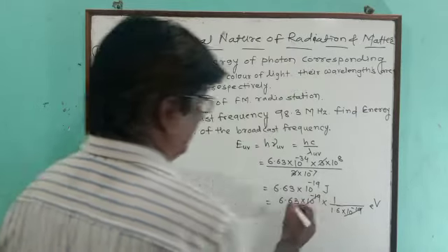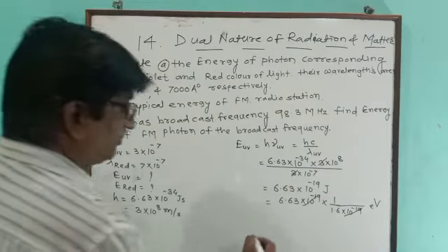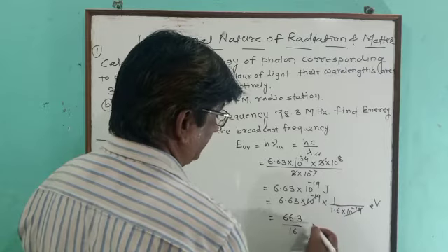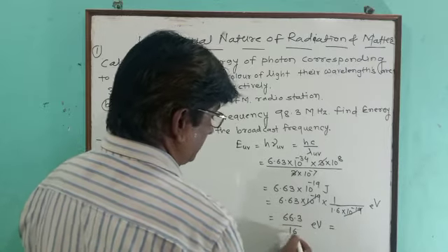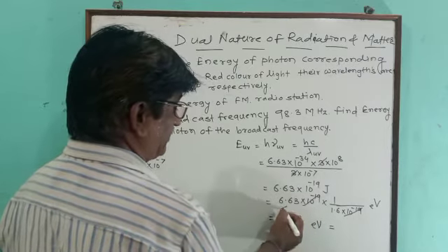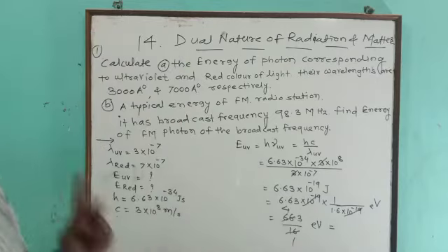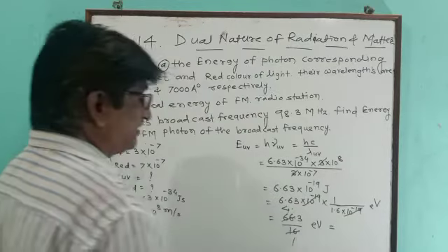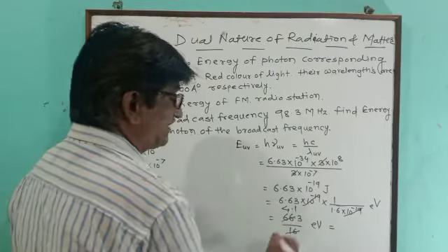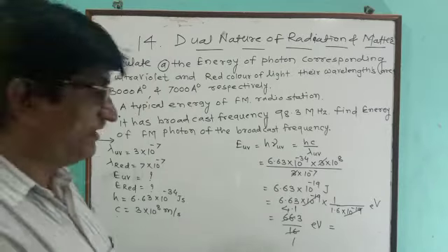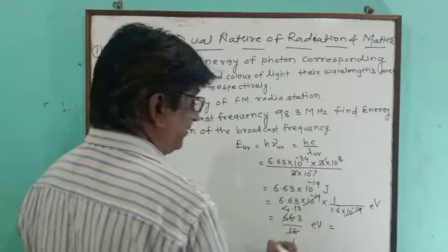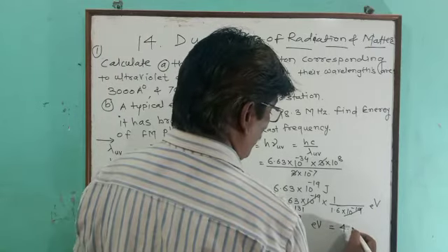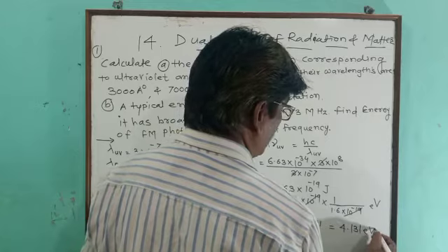The 10 raised to minus 19 terms get cancelled. So we can write 66.3 upon 16 electron volt. 16 fours are 64, 2 remaining, that is 23. 16 ones are 16, 5 remaining, 50 is there, 16 threes are 48, 2 remaining, and then 16 ones, that is 4.131 electron volt.